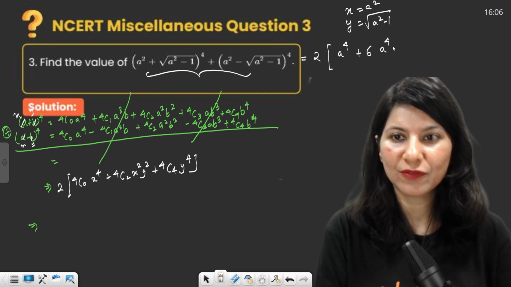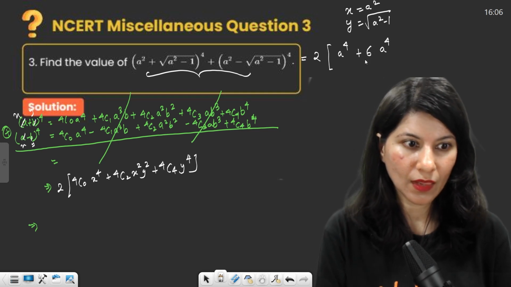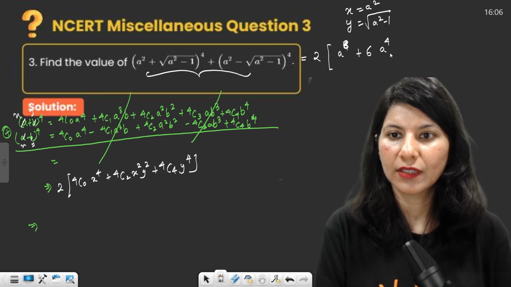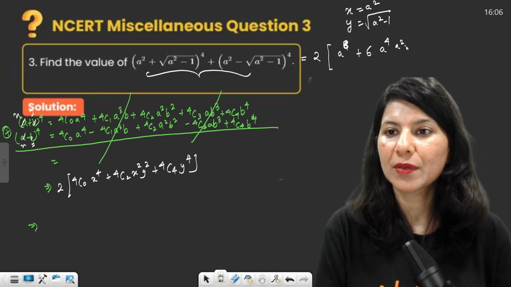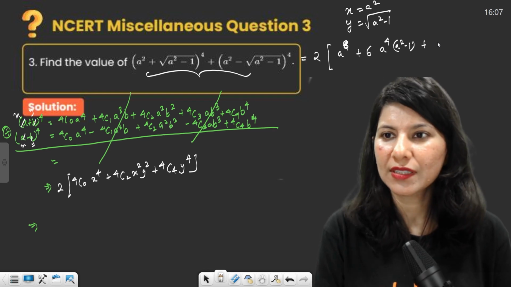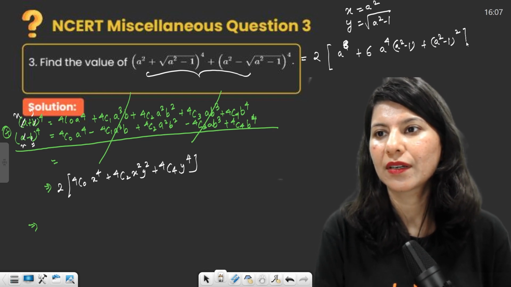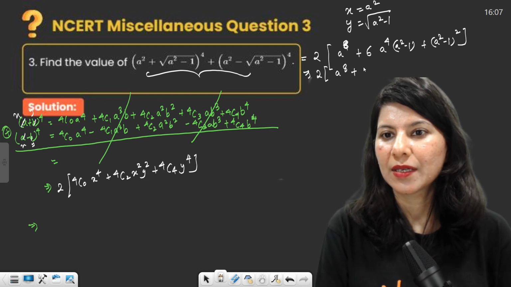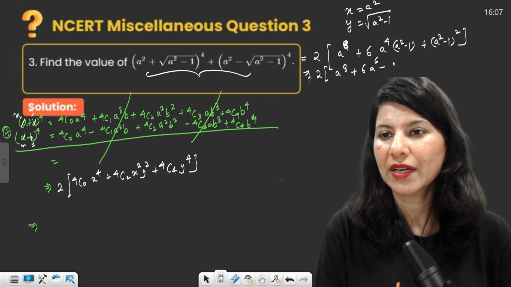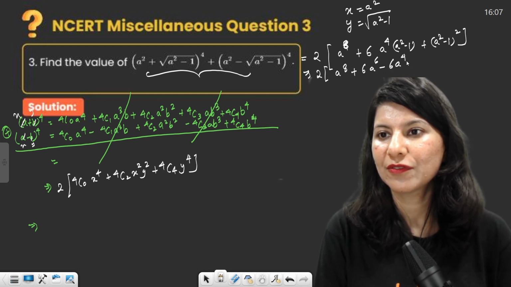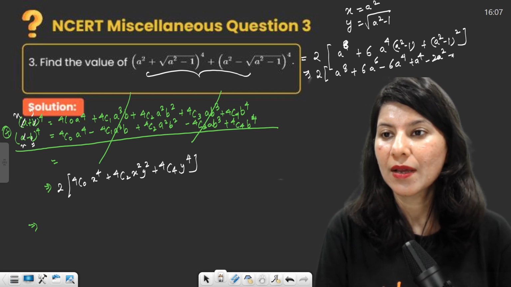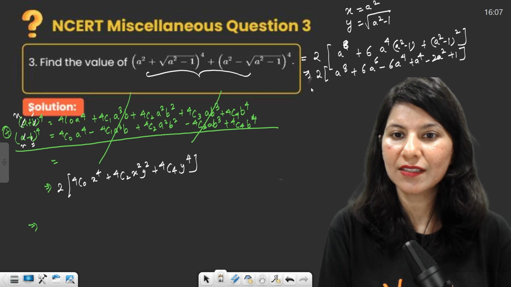So a raised to power 4, sorry, this is a raised to power 4 times y squared, which will be a squared minus 1, plus 4c4 is 1, so (a squared minus 1) whole squared. That's it. Just open it. 2 a raised to power 8 plus 6 a power 6 minus 6 a power 4 plus a power 4 minus 2a squared plus 1. This is your final answer.